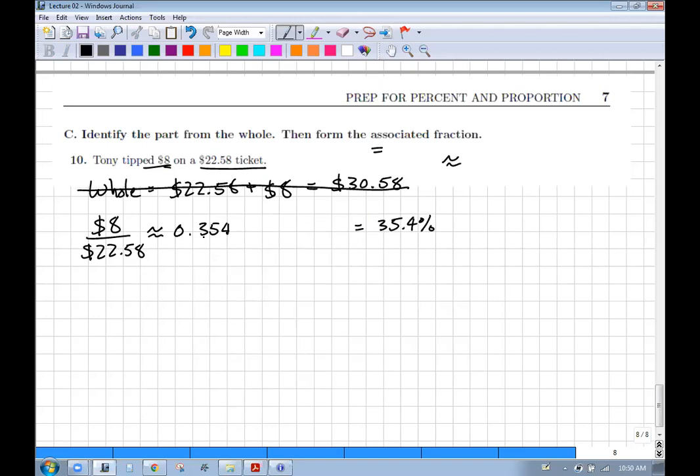I'm kind of jumping ahead here. This is 35.4 over 100. When you divide by 100, you're moving the decimal twice. So that's why it's 35.4%. This question right here, all they wanted you to do is write that down. Okay. So this is extra stuff, this percentage stuff.